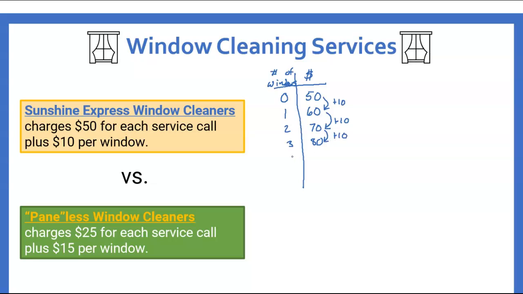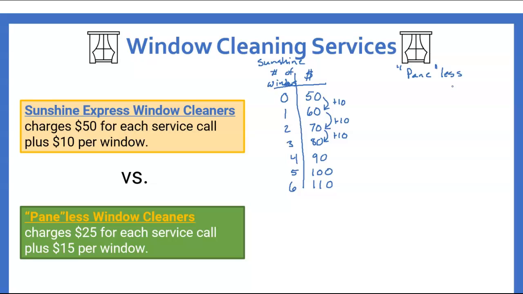For each window, we add $10. 5 windows, we'd get to $100. 6 windows, it would be $110. So this one is Sunshine. We'll just label it up here so we remember. Sunshine Express. Now let's look at Painless over here, right next to it.